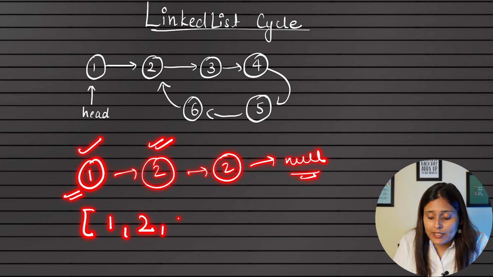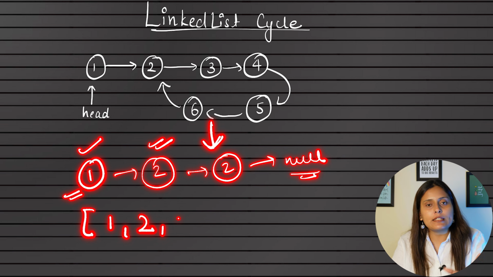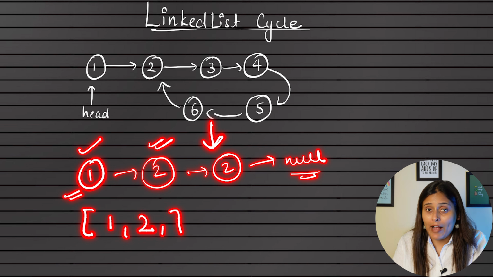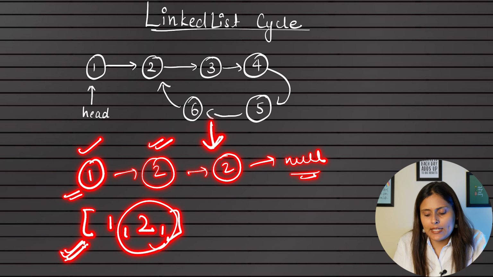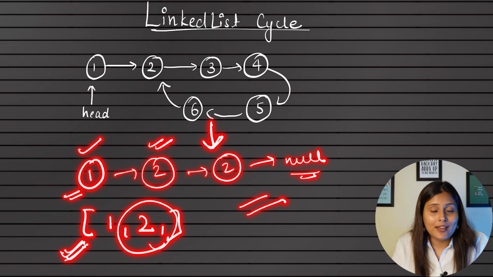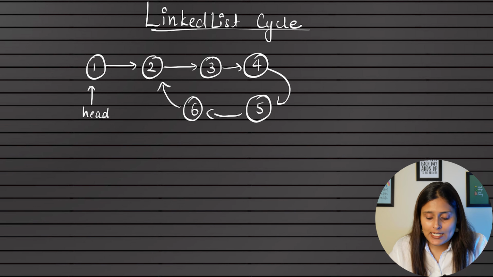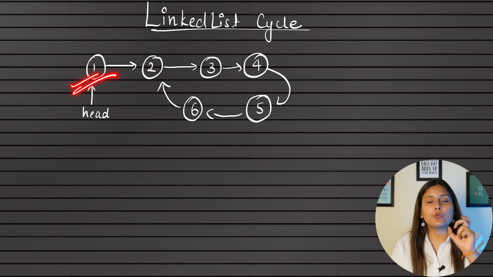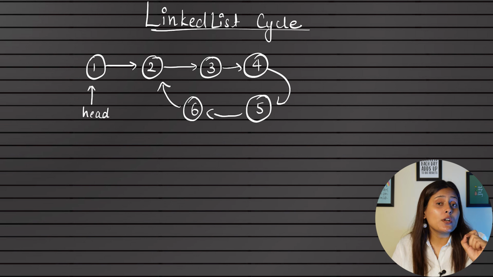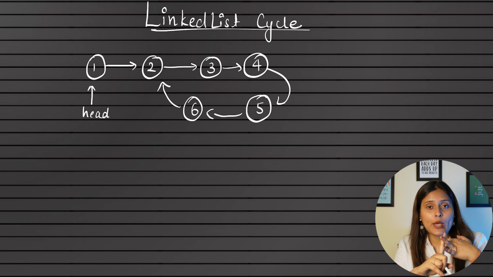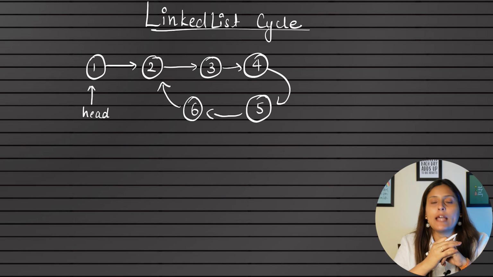Now next time when you reach this 2 node, which is obviously unique, but if you store the values, your hash set will say this is already present. So yes, there is a cycle, but there is not. So hence, instead of storing values of nodes in your hash set, it's always preferred to store the node, because the node stores the value as well as the next node address also.